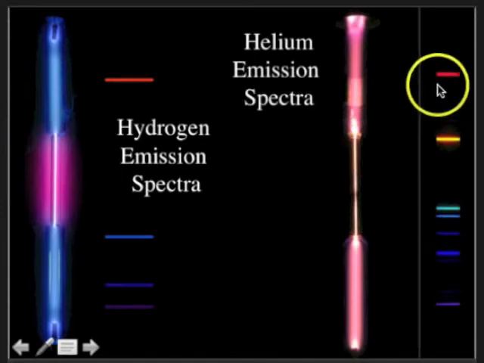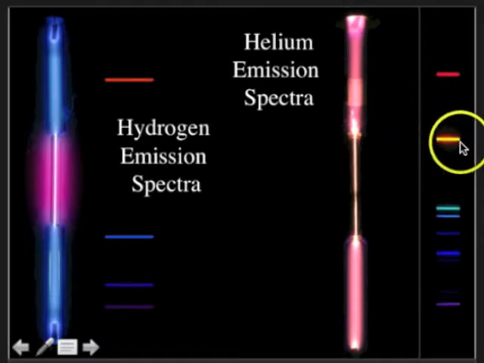Helium has other lines specific to it. It has a red line also, but of a different wavelength. It has a telltale yellow line, very characteristic. The interesting thing about helium was that it was discovered first by analyzing sunlight before it was actually discovered on Earth.